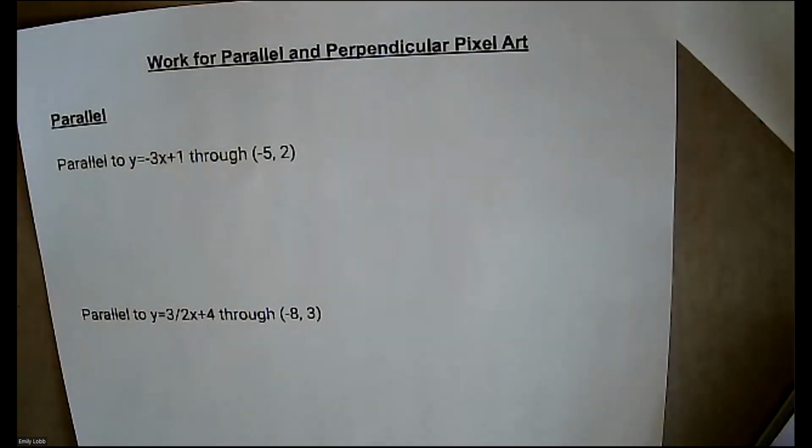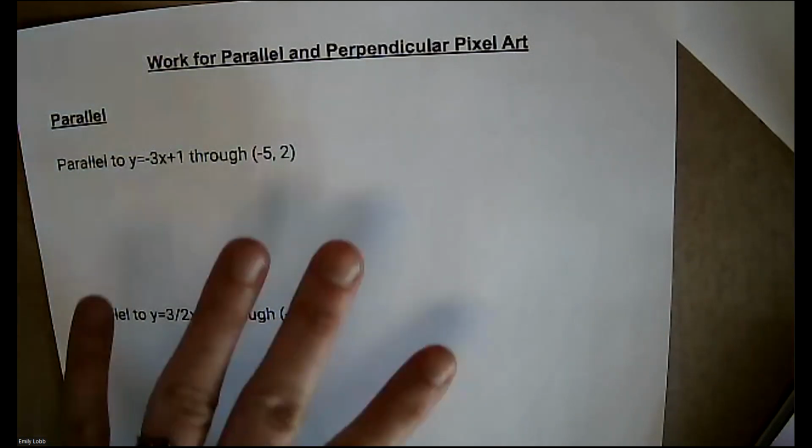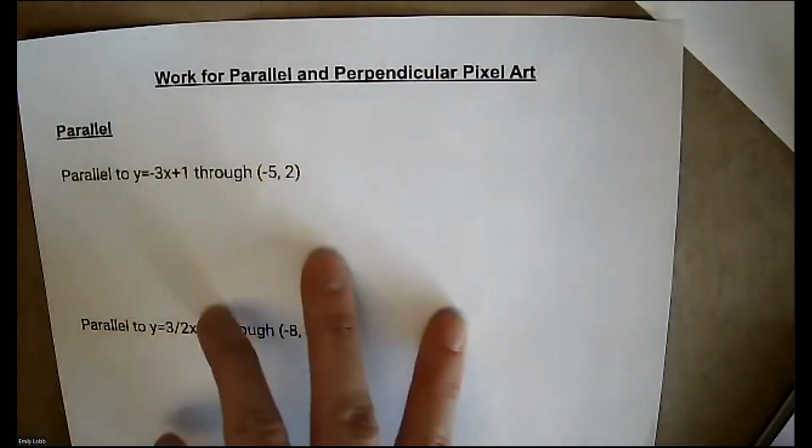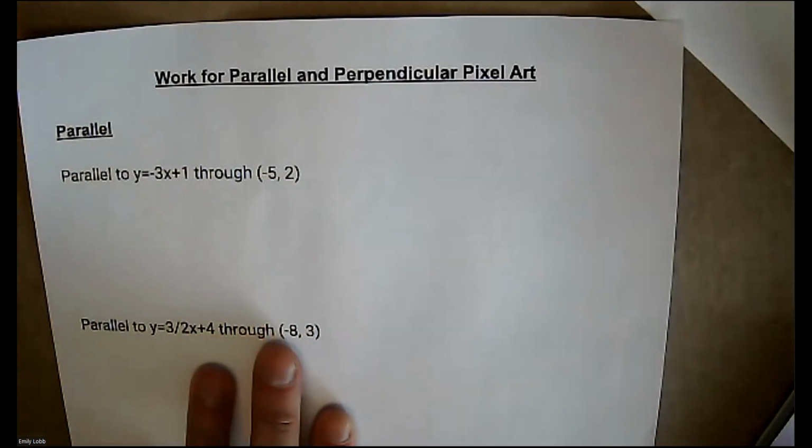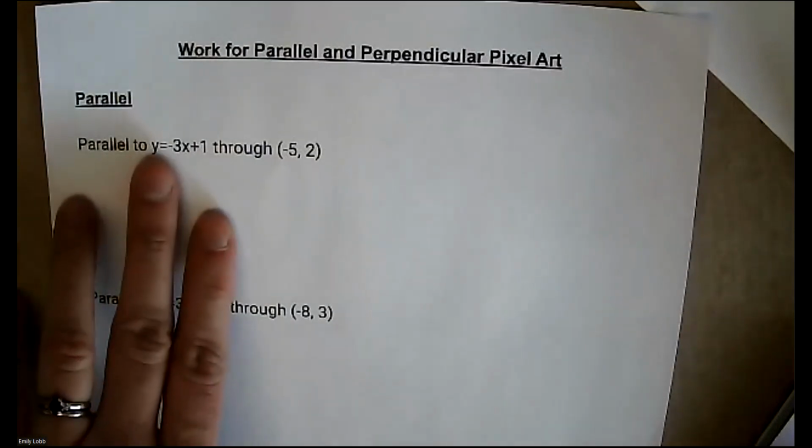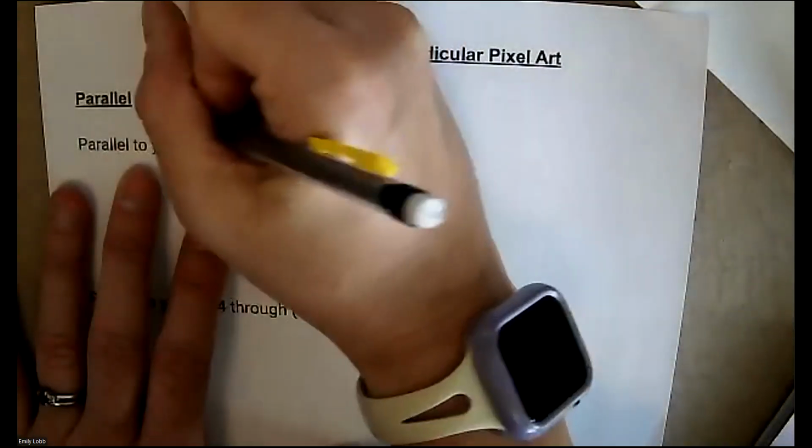This goes along with a pixel art, but of course tomorrow you're not going to be able to get onto your Chromebooks to look at the pixel art. So you do need to have this paper filled out today so that you're ready to go for tomorrow. So parallel means I would write right on here, same slope.